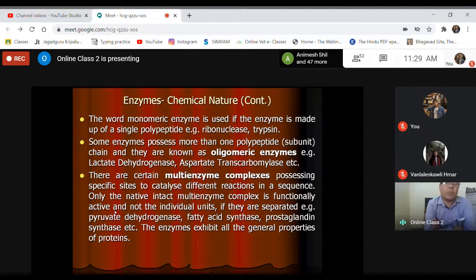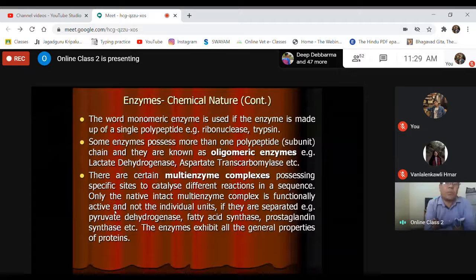The examples are lactate dehydrogenase, which we know has 4 subunits, then aspartate transcarbamylase, etc. So there are many enzymes which have more than one subunit, more than one polypeptide chain. If that particular enzyme has more than one subunit, then we call it an oligomeric enzyme.